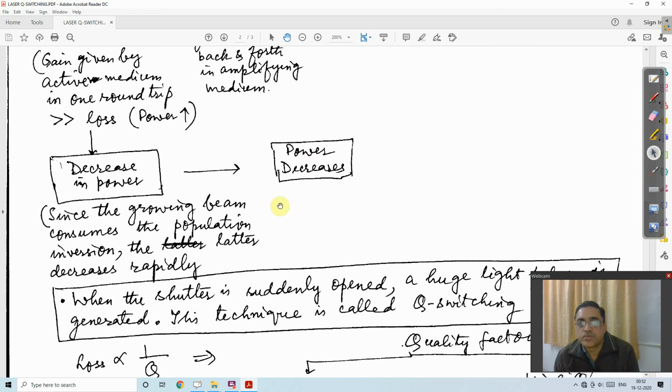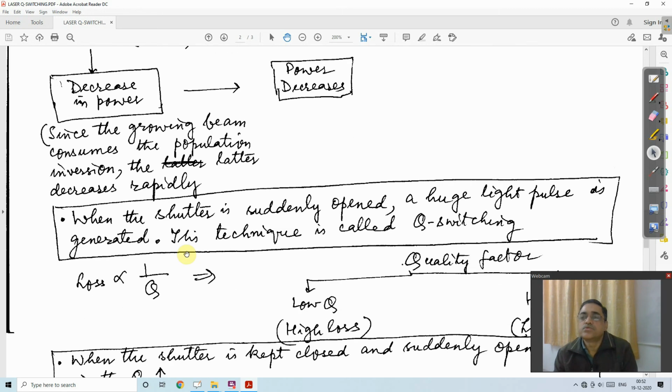Since the growing beam consumes the population inversion, the latter decreases, because for growing the beam the power must come from somewhere. When the shutter is suddenly opened, a huge light pulse is generated. This technique is called Q switching.